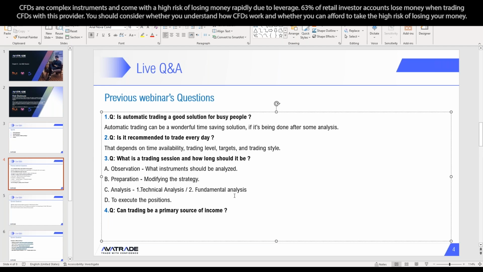I don't really want to put it in the form of a list, so I'm simply going to type it down as an explanation. Trading can be a great primary source of income as long as we are able to make a sufficient amount to cover our expenses.